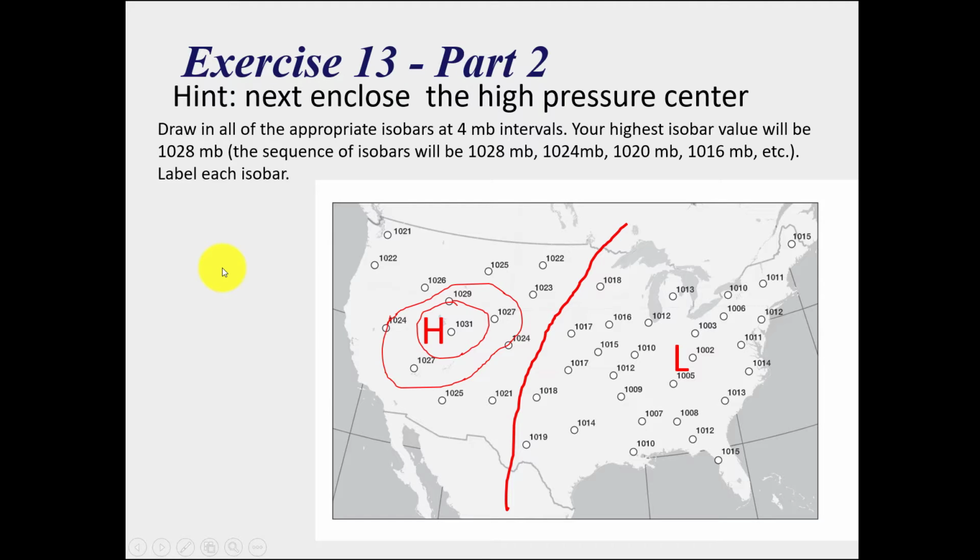Next, you want to start enclosing the high pressure, and I want you to use 4 millibar intervals. So the values that you will use will be 1028, 1024, 1020, and 1016, etc. And you will keep going down until you get to the low pressure. And that's it for the introduction for this lab. Keep up the good work.